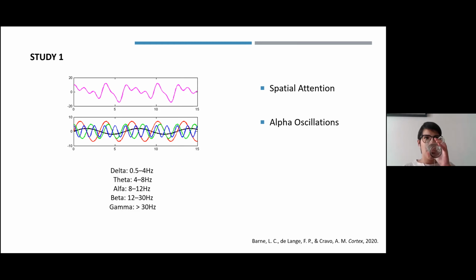Just to show what is normally seen in the literature, besides that, you have this contralateral activation of alpha oscillations depending on the spatial domain that you were attending to. You also have this pre-stimulus activity, these anticipatory states related to alpha power.